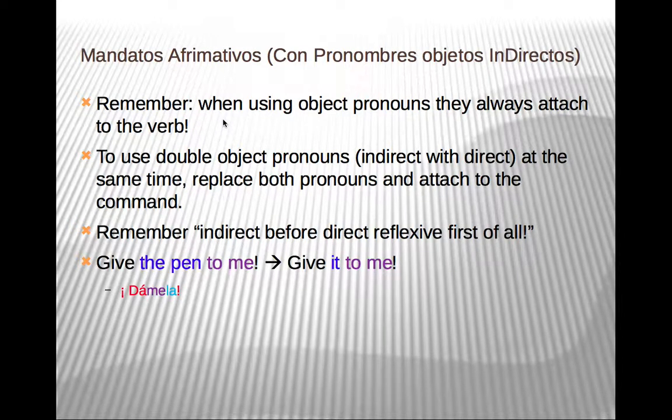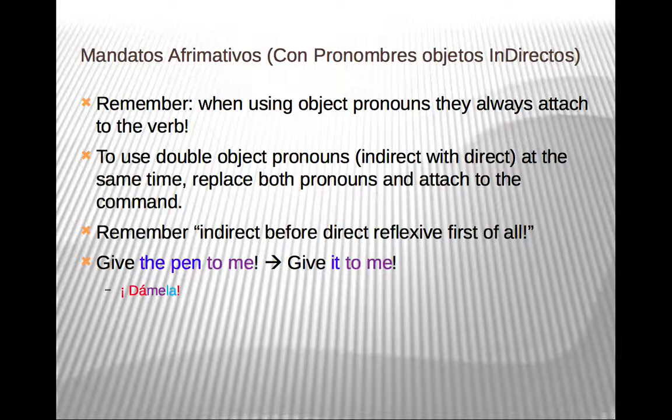Okay, give the pen to me. So we're going to say, give it to me. Dame la. You still accent the third to last syllable. The da is the verb give, dar. So it became da. The pen is what? Direct. The direct object. It is la.